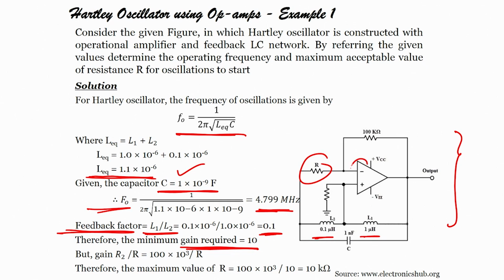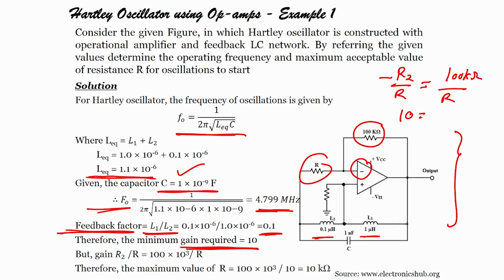Now, you see it is an inverting amplifier, so we have R2 by R. What is R2? This one. So, my gain would be R2 by R. R2 is 100 kilo ohm. What is my R? I do not know, and the gain should be equal to 10.